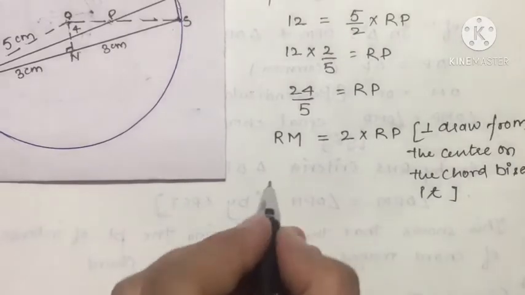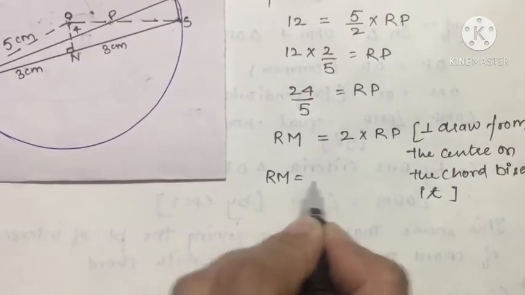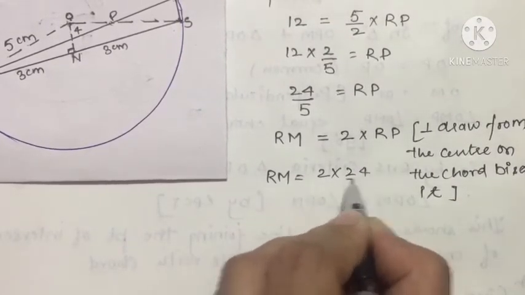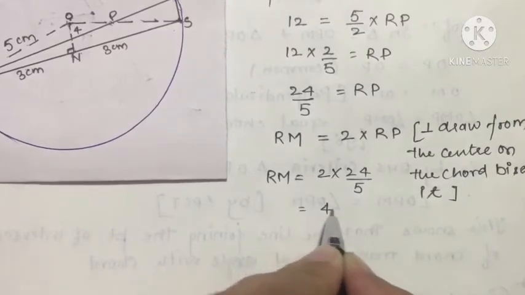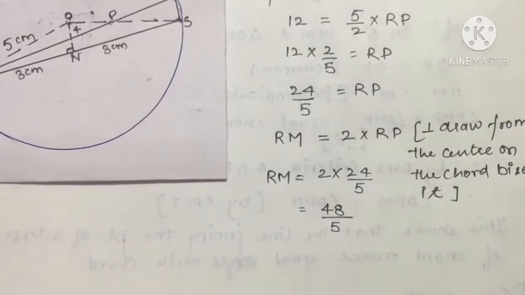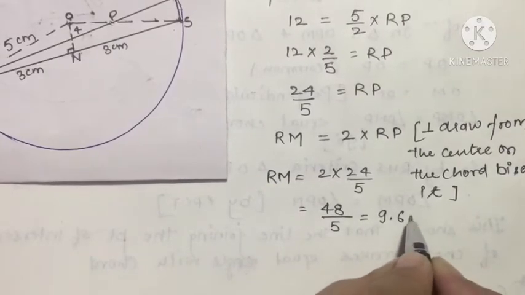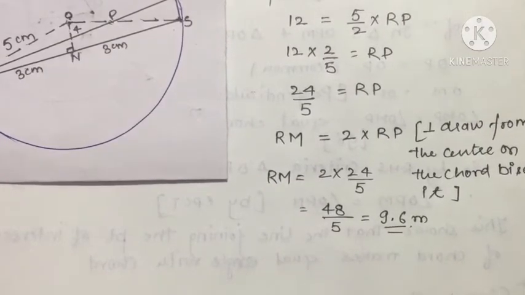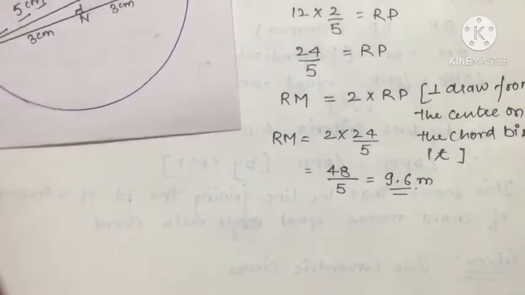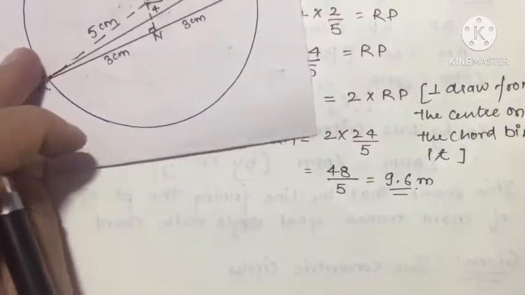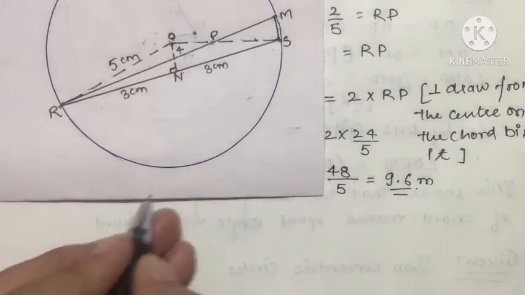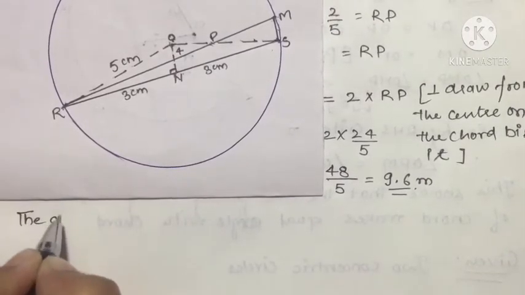Okay, mention the reason. That means RM equals 2 multiplied by 24 divided by 5, which is 48 divided by 5. Divide 48 by 5 and you will get 9.6 meter.